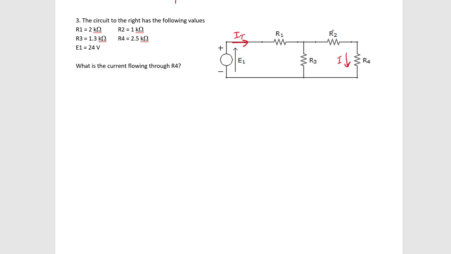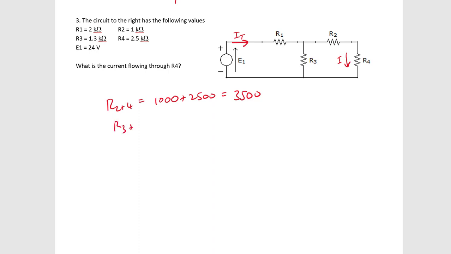So the first thing I'll do is combine R2 and R4, and that would be 1000 plus 2500, which is equal to 3500. Better yet, I'll go one step further, and I want to combine that branch now in parallel with R3. So I'll just fix my writing.